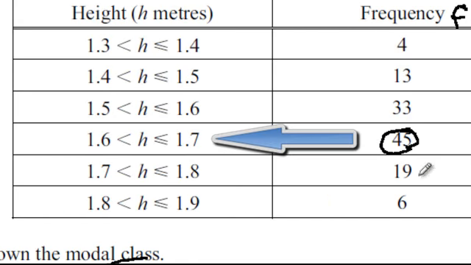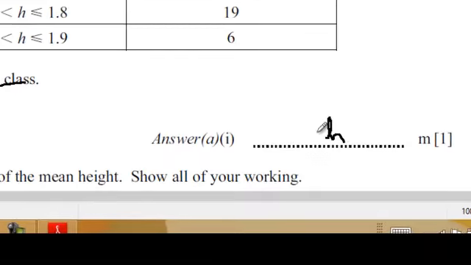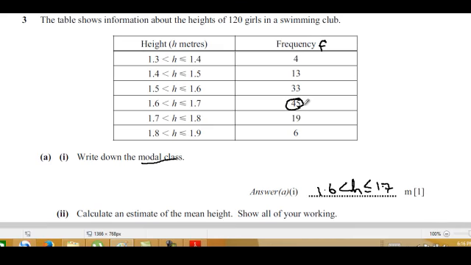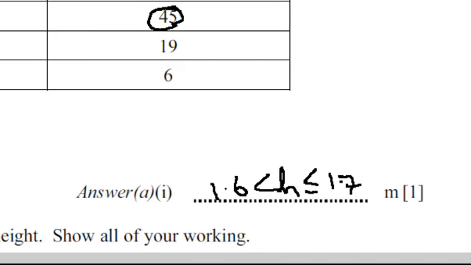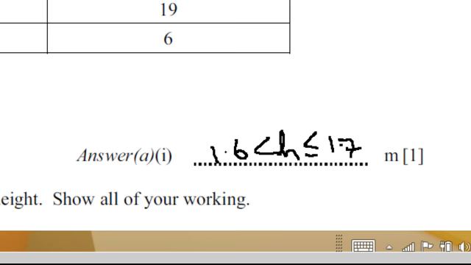So the answer for this first part (a)(i) is the height between 1.6 to 1.7. It's the modal class because it is in front of the highest frequency. So this is our first part.